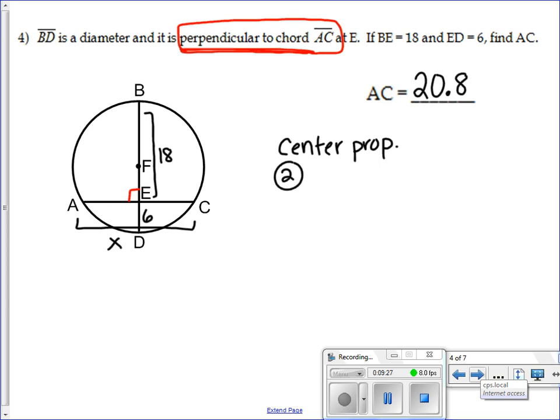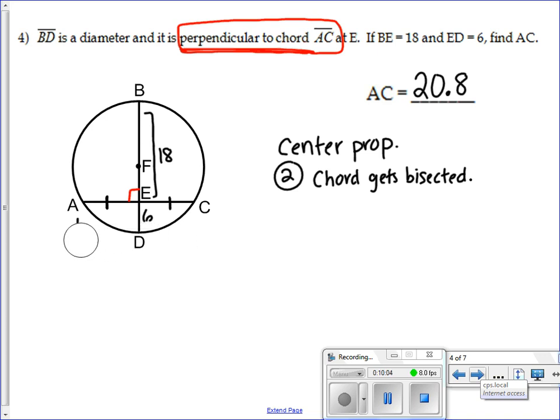If you remember what property number 2 mentions about the chord, it says that the chord gets bisected, which means it's going to be split in half. So I could draw tick marks from AE to EC, and those are going to be the same. So if I can figure out one of those, then I can just add them up, and I'm going to get X, my total.